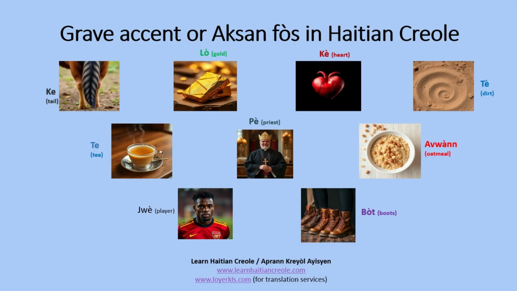I have the Creole words bigger than the English words because the goal is to get you to not always want to translate words from English to Haitian Creole, but to get more comfortable with the Haitian Creole word. Okay? So we're going to continue.